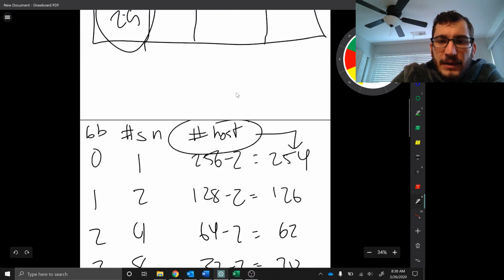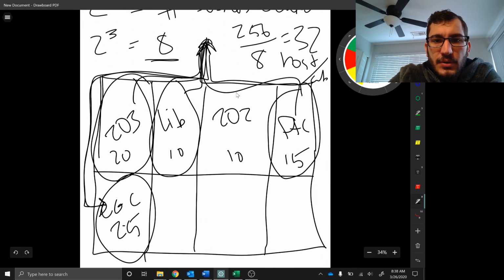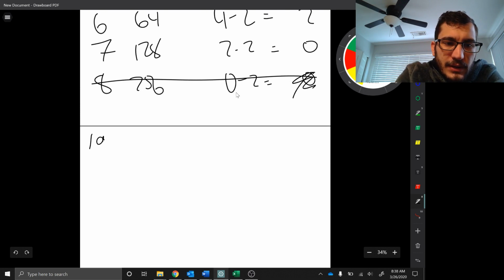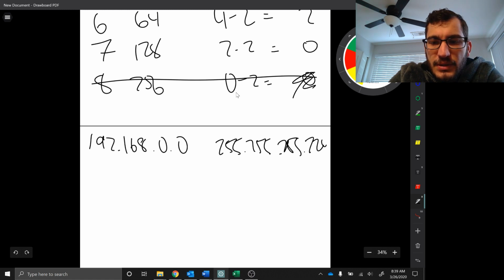So let's go back to this example where we have 32 hosts, and we're using a 192.168.0.0 subnet mask 255.255.255.224.